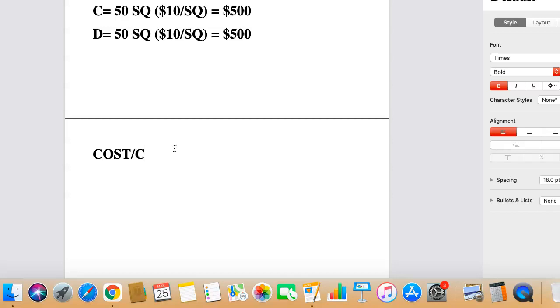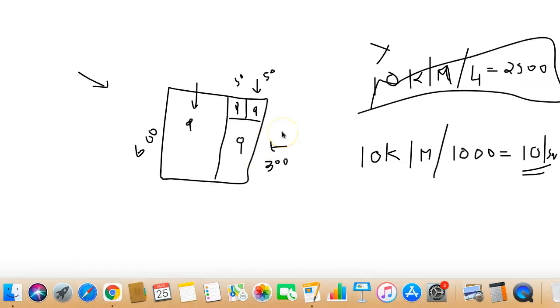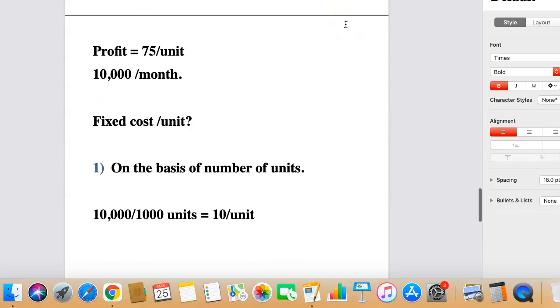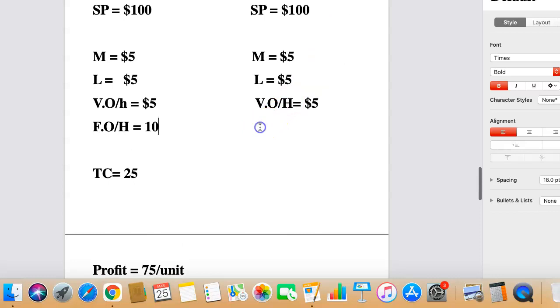You will divide it by its cost driver. What is the cost driver? As in, what is causing that cost? Like in this example, the square feet was the cost driver. The more the square feet, the more you had to pay. Right? So you're dividing it by the cost driver so that you're able to calculate a more fair and a more appropriate fixed cost per unit, and that is what you're doing here in activity-based costing.